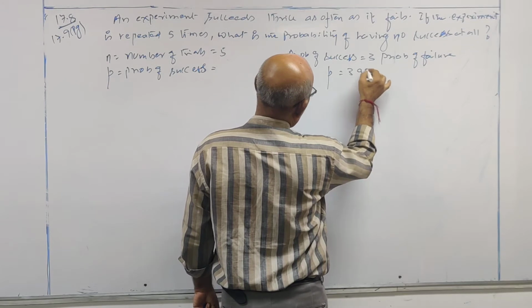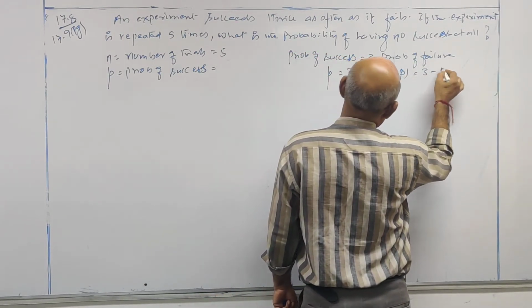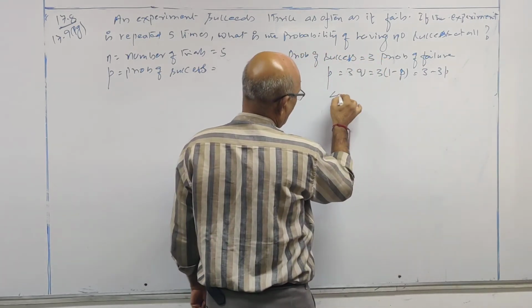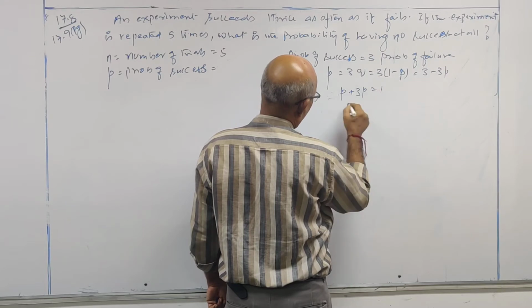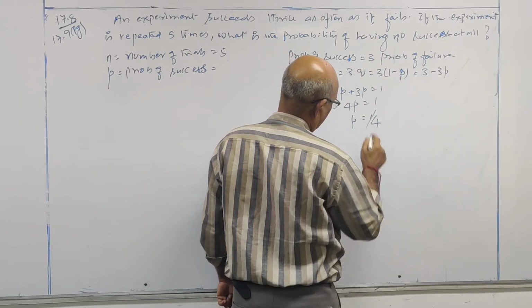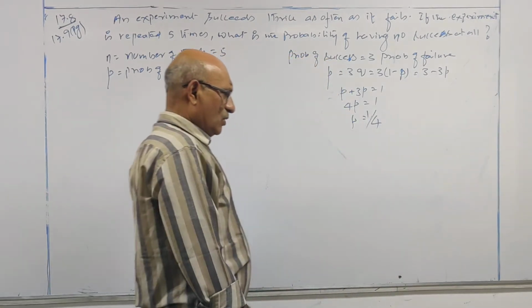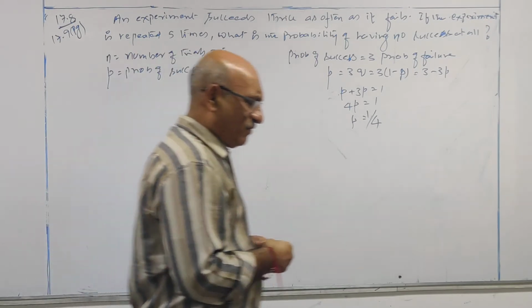P is equal to 3Q, 3 into 1 minus P, 3 minus 3P. So P plus 3P is equal to 1, 4P is equal to 1, P is equal to 1 by 4. Probability of success is 1 by 4.